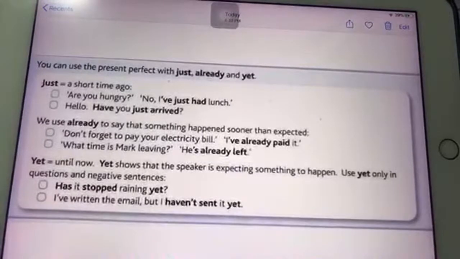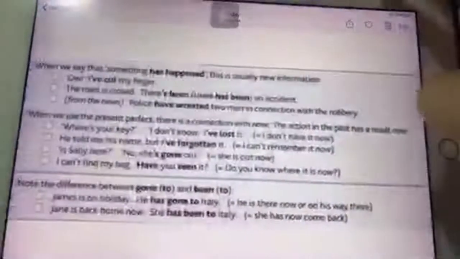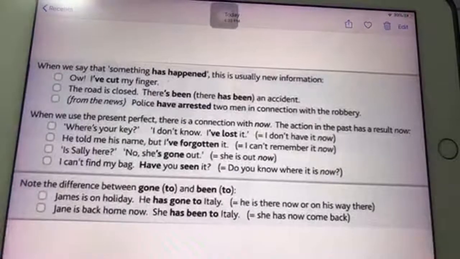Okay. So there. Sorry. We're still here. Okay. So I'll just repeat, okay? When we use the present perfect, there is a connection with now. Connection, Wakaru? Okay. The action in the past has a result now. Do you understand result?